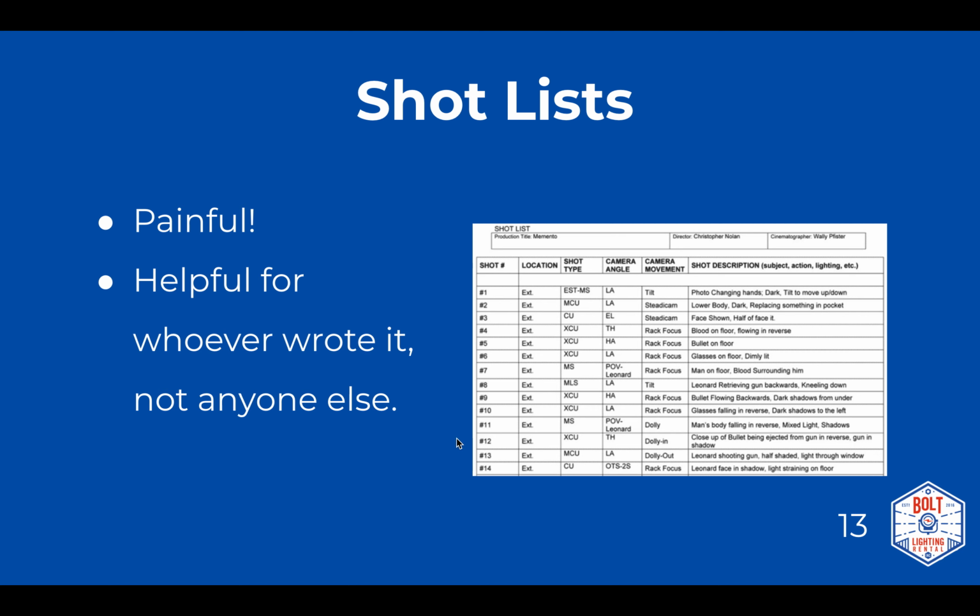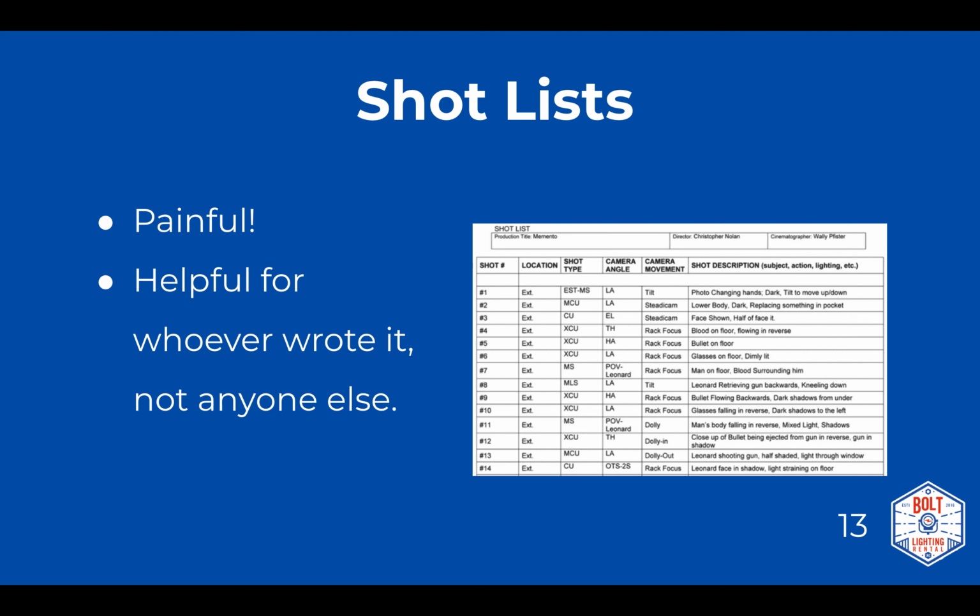Shot lists are definitely helpful for whoever wrote the shot list, because they have it formulated in their mind. They know exactly what they're thinking for that shot, but as you hand it to more people, that shot list becomes more and more confusing.